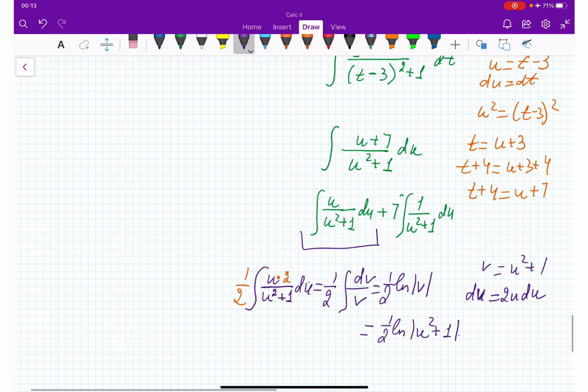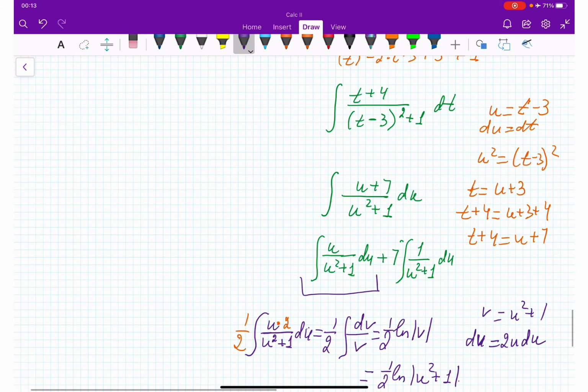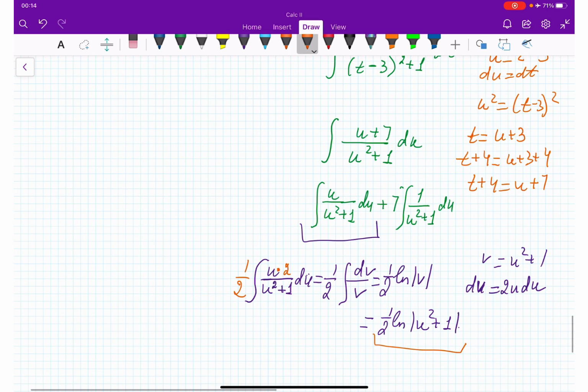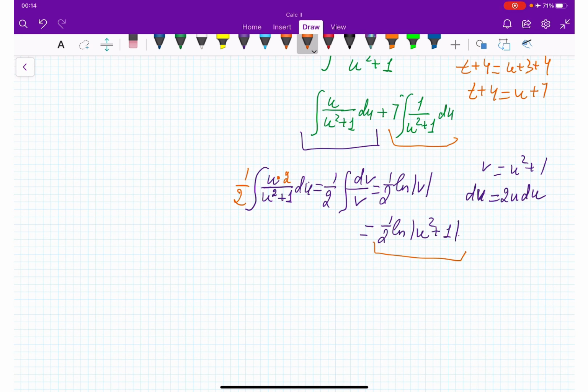So I'm going to write down here u squared plus 1, and 7 over. This piece is ready, 1/2, and now we need to work out this other piece, which is going to be pretty straightforward.